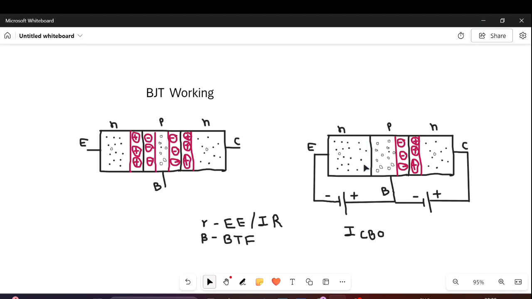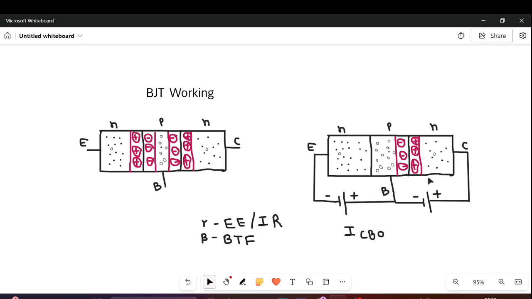The electrons from the emitter region will be coming into the base region and then will be attracted towards the positive terminal of the battery through the collector region. Very few of the electrons will combine with the holes and the remaining will cross the junction and come to the positive terminal of the battery.